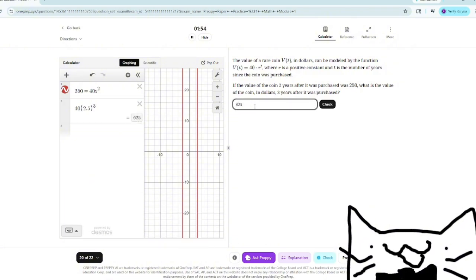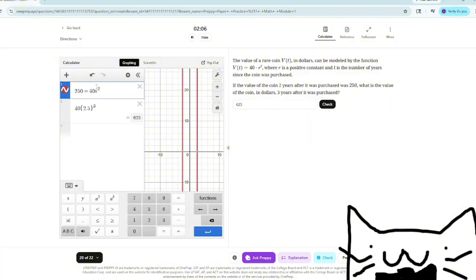All I did really is put in the equation. R is a constant, so R will always stay the same. T is the number of years, and this is the equation for 2 years. To find X, I just plugged in a number that makes it equal 250.